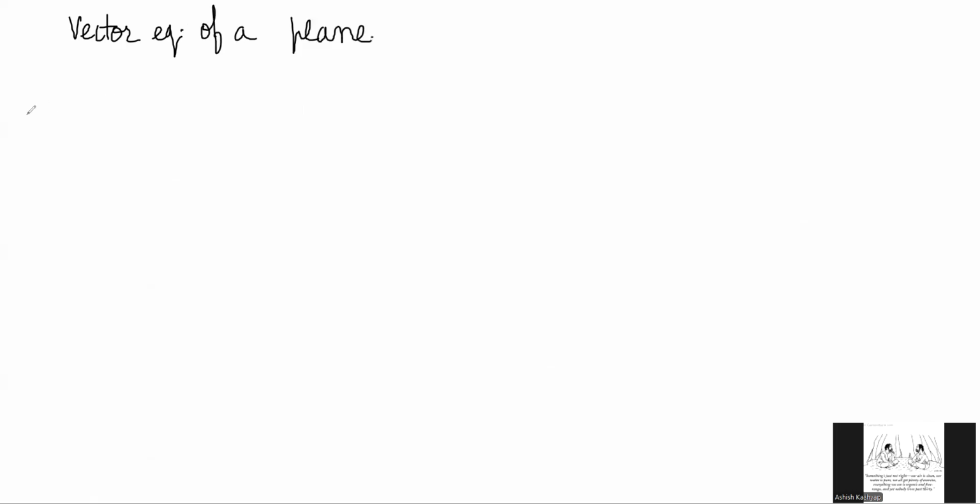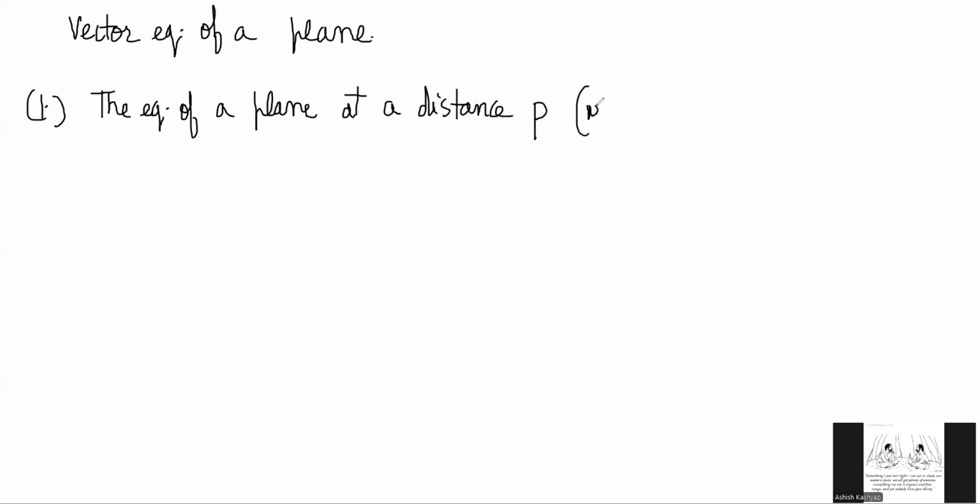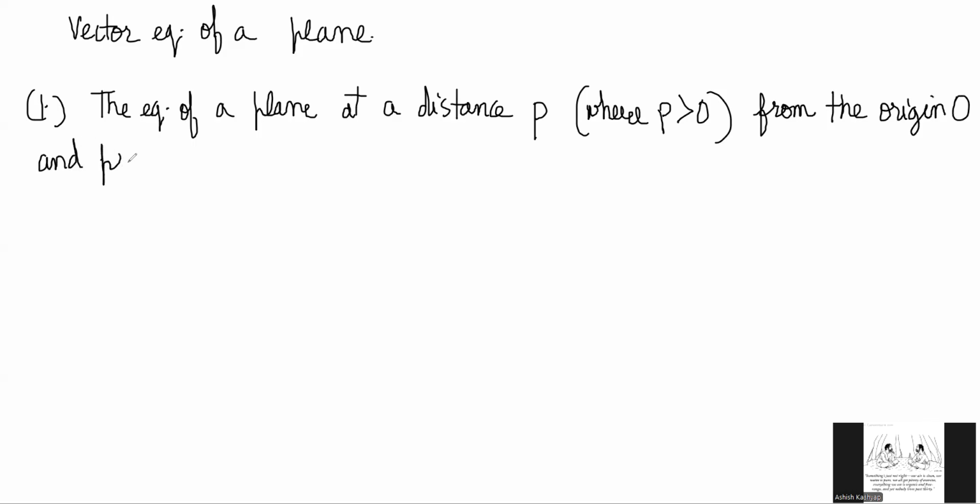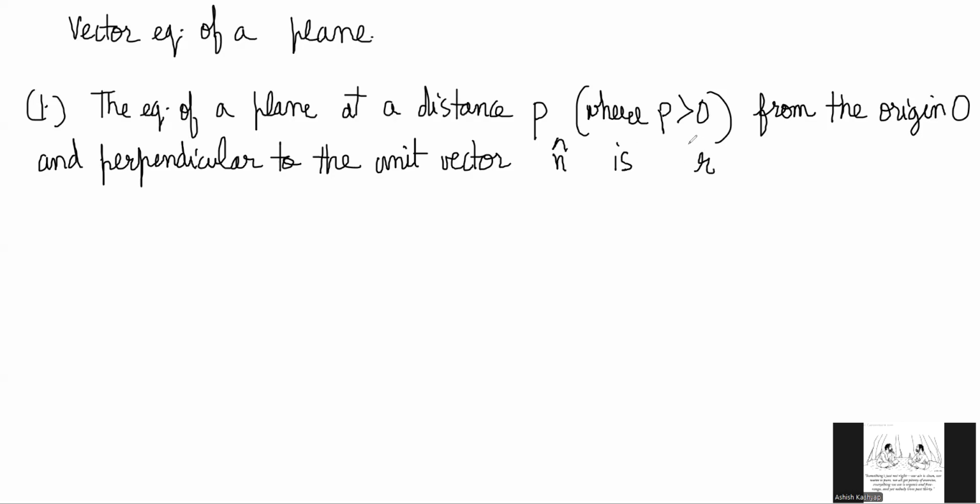So the first thing is the equation of a plane at a distance p, where p is greater than 0, from the origin O, and perpendicular to the unit vector n cap, is r dot n cap is equal to p.